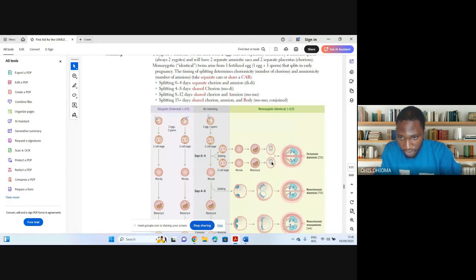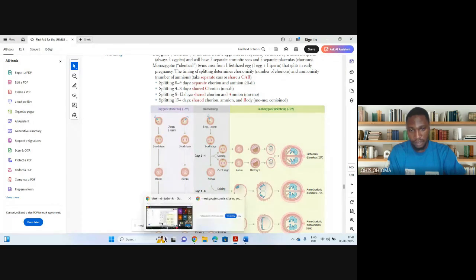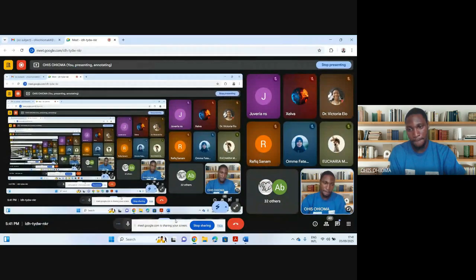This round part here, that's the yolk sac. So the fetus has a communication with this yolk sac via that vitelline duct. This thing you're seeing here is the yolk sac. I don't know if that answers your question, Doc.